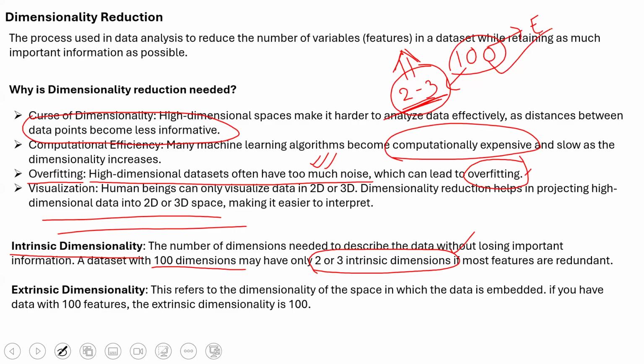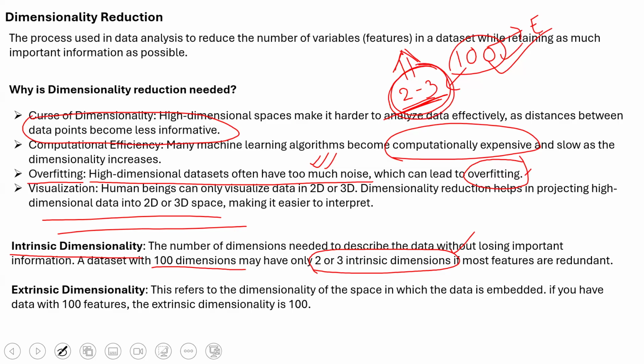You cannot simply go and choose randomly, right? Out of these 100, you cannot go to every column and see, okay, this column has important information, this column has important information. If you do that manually, it takes ages. So the next thing that we're going to learn starting tomorrow is how to find these 2 to 3 columns out of the 100 columns.